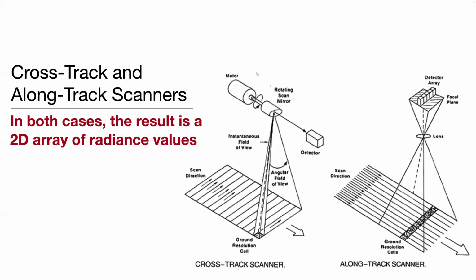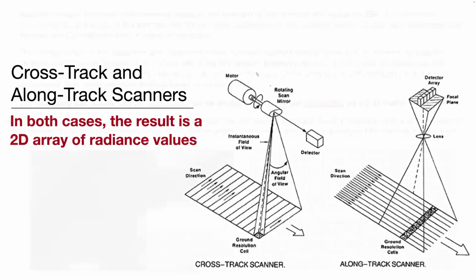One moves north to south, and a mirror spins at high speed, and it swaths as you go along. So it's straight as it moves north to south. And then this push broom one along track just has multiple sensors, detectors here, and pushes along and collects a whole swath at the same time as you move north to south.